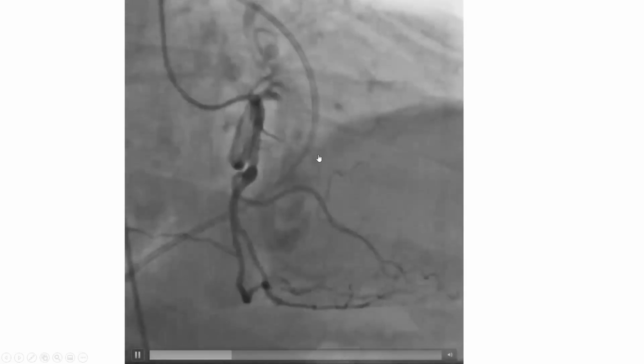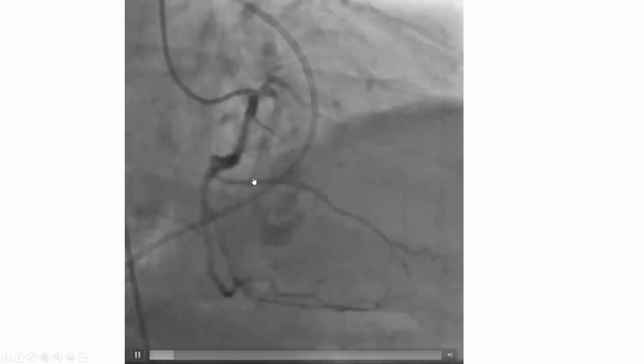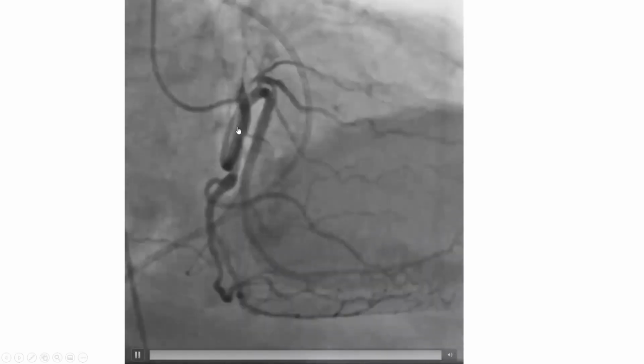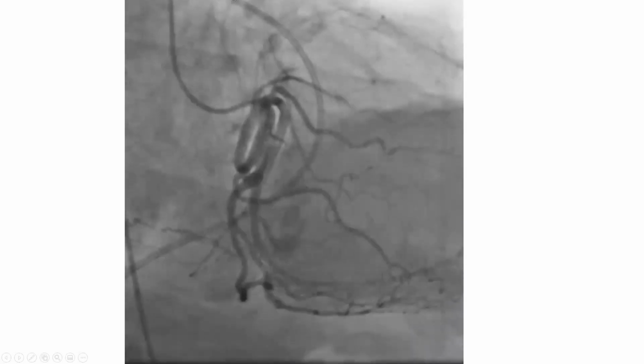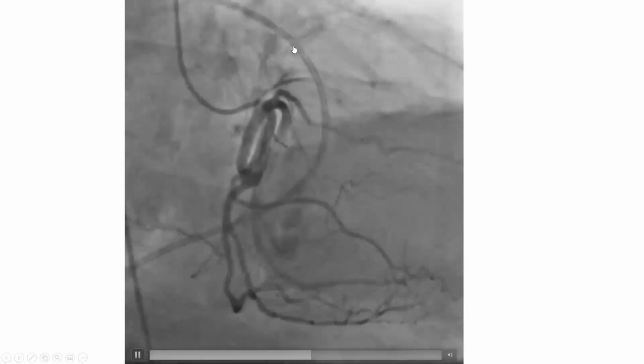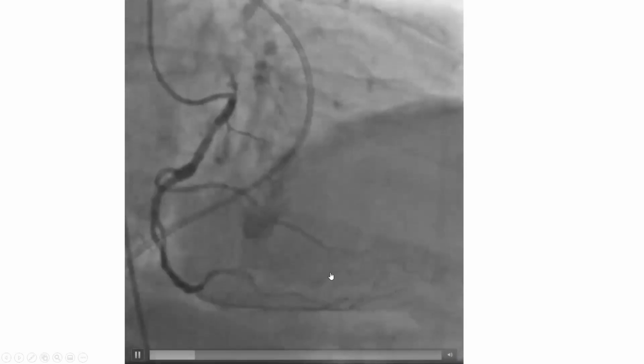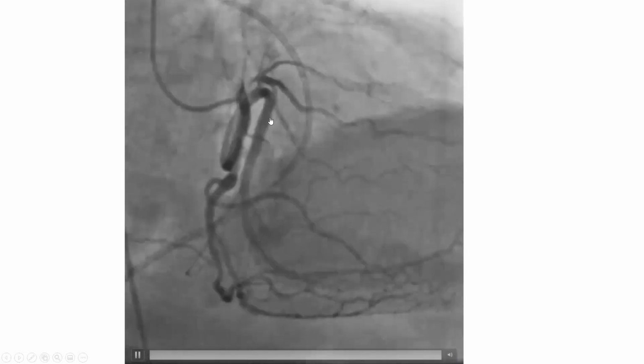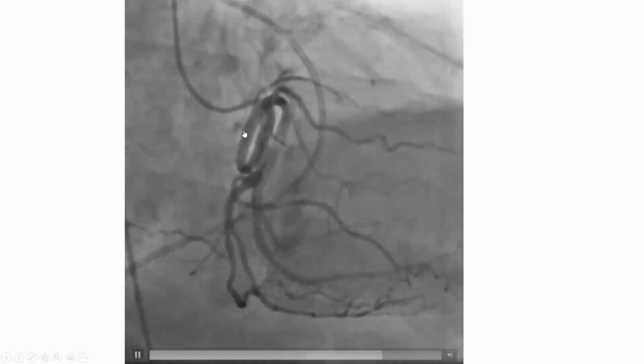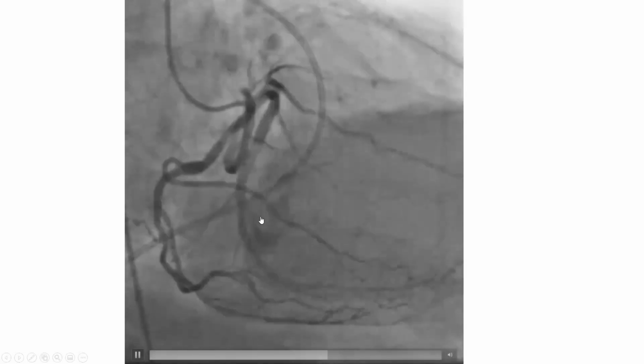And notice, in an RAO view, which looks straight at the AV groove, it not only sets apart the aorta and the PA here, it also sets apart the AV groove and the atria versus the ventricle. So in an RAO view, it's nice because you see the RCA is parallel to the left circumflex.